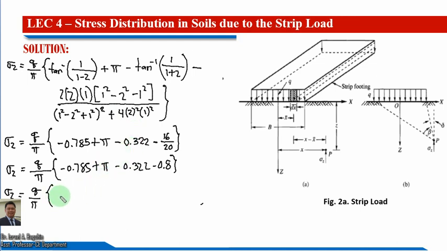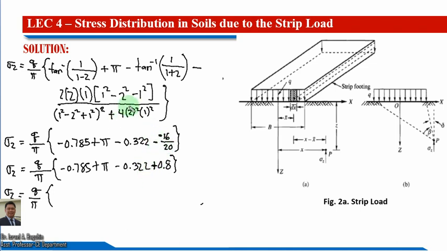By the way, this is from here minus this quantity, but this 16 over 20 is negative here, so this would become plus actually.